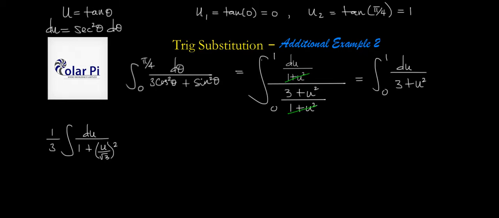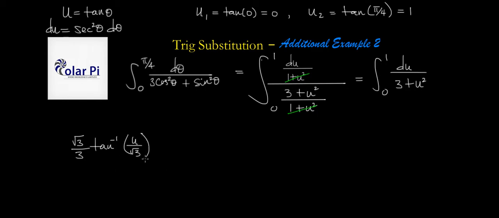You could finish that, but I'll just tell you the result. The integral of du over 3 plus u squared works out to be root 3 divided by 3 times tan inverse of u over root 3.